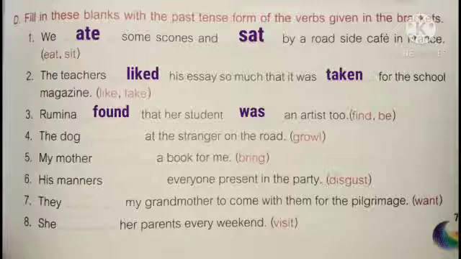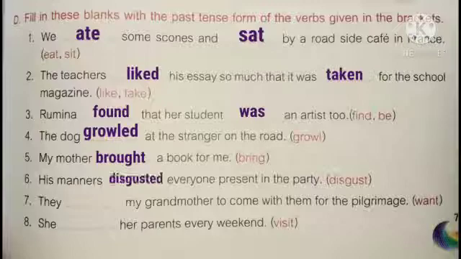Fourth, the dog dashed at the stranger on the road. The dog growled at the stranger on the road. Fifth, my mother dashed a book for me. My mother brought a book for me. Sixth, his manners dash everyone present in the party.